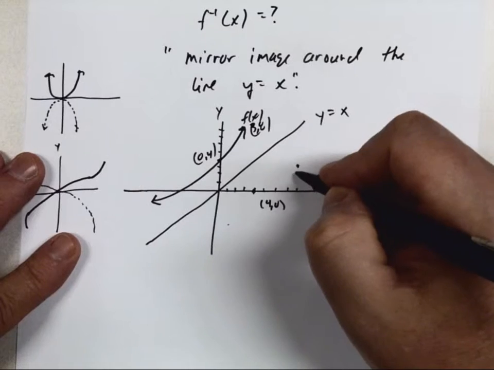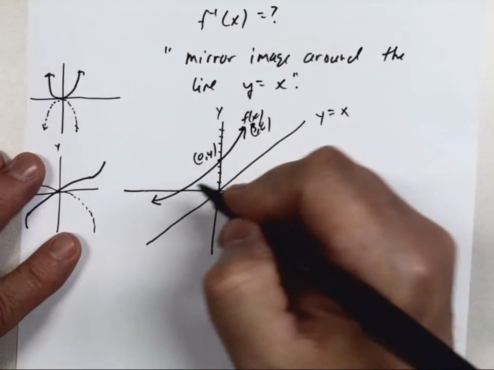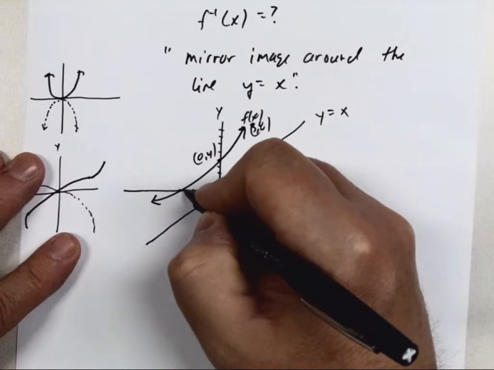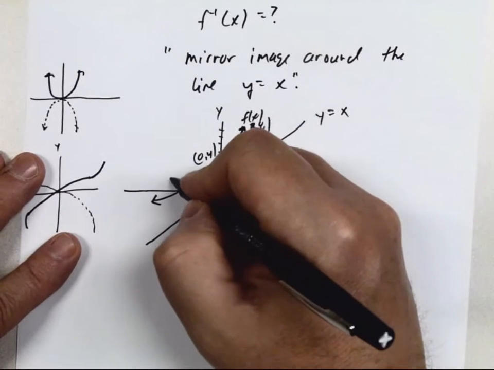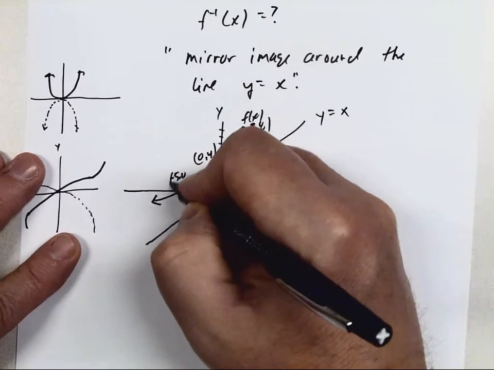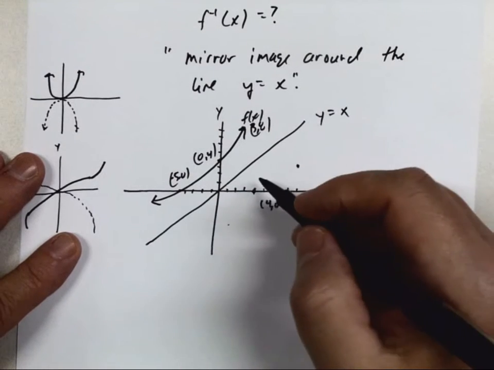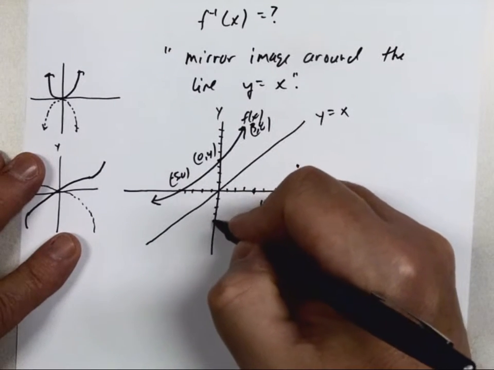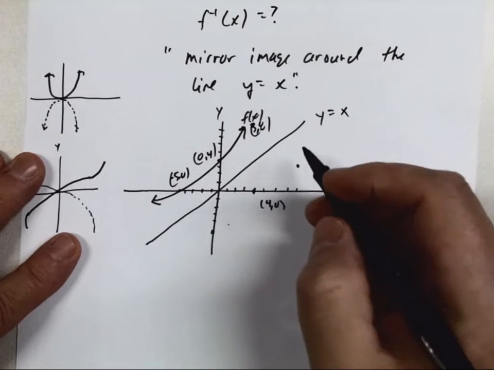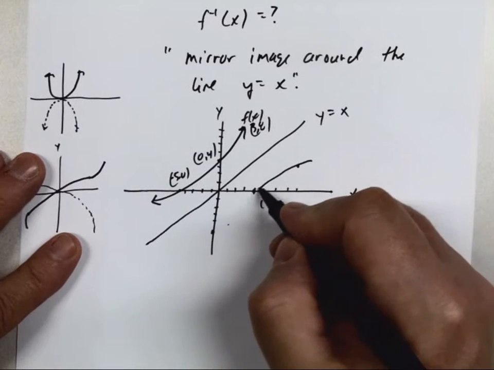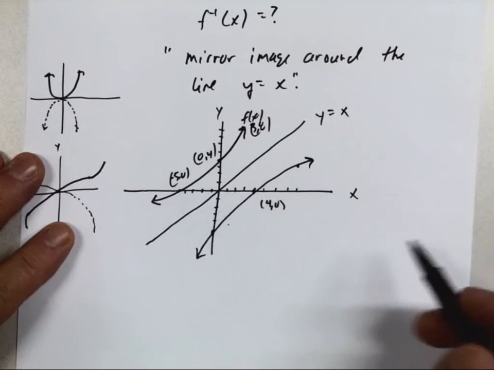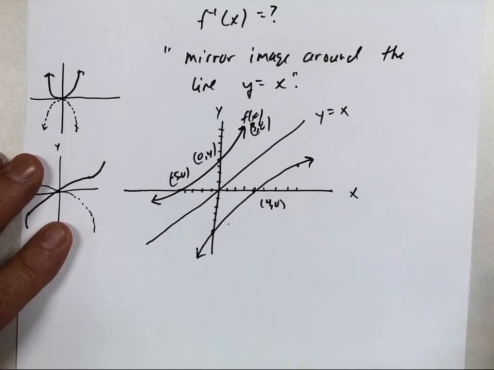If I go plot 8, 3, it's going to be on my graph. If I do one more, negative 5, 0, and I go plot 0, negative 5, all right, you can easily draw in the mirror image.